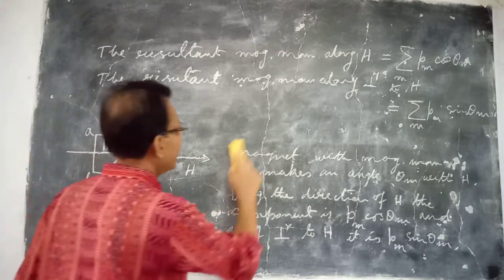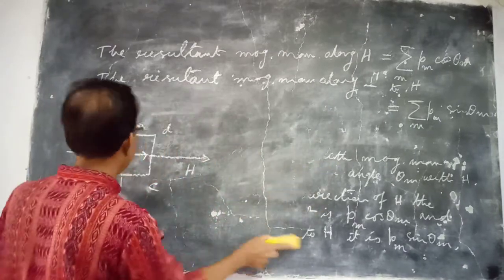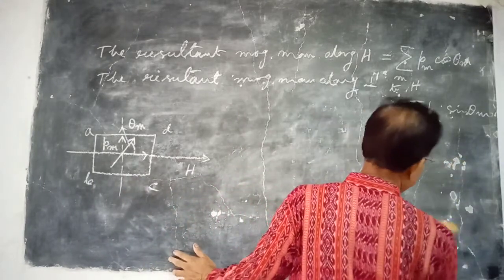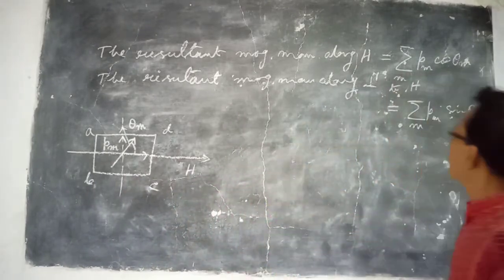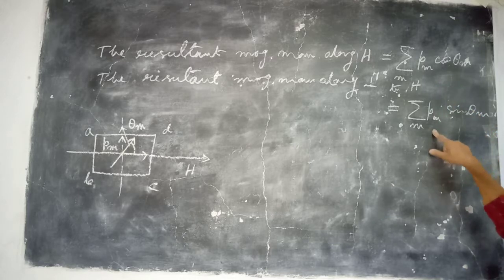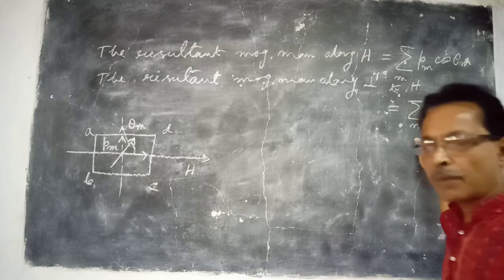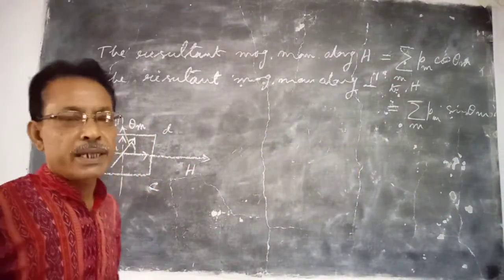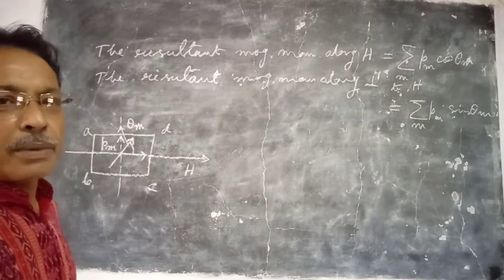Now the magnetic moment which is induced in this material, which we measure, is the magnetic moment along the direction of H. The magnetic moment which is produced along the direction of the external field is actually measured. So the magnetic moment perpendicular to H is equal to 0, because no magnetic moment is produced in the perpendicular direction.